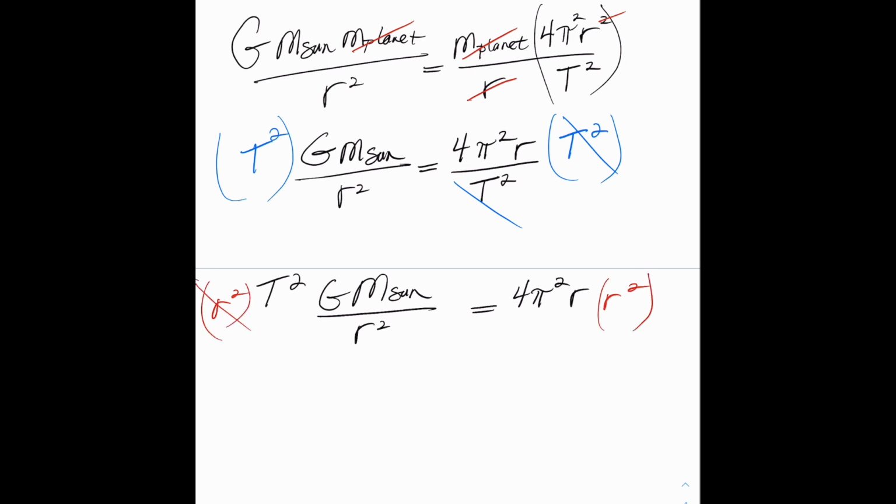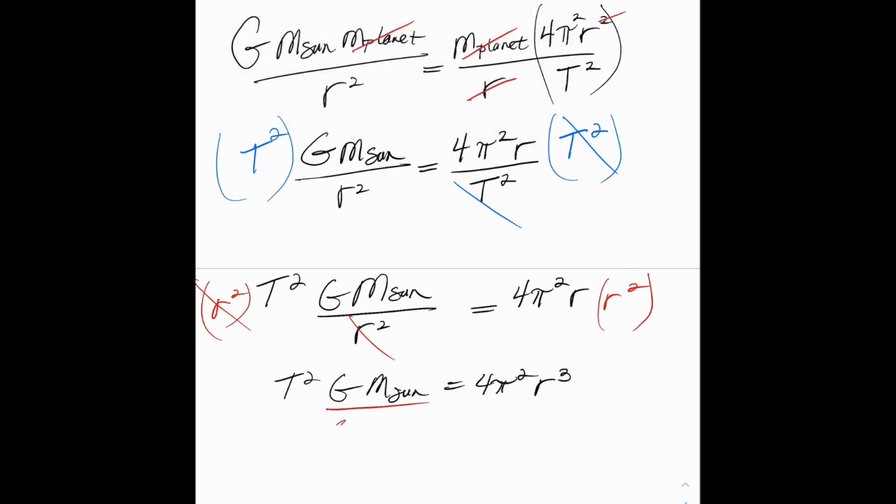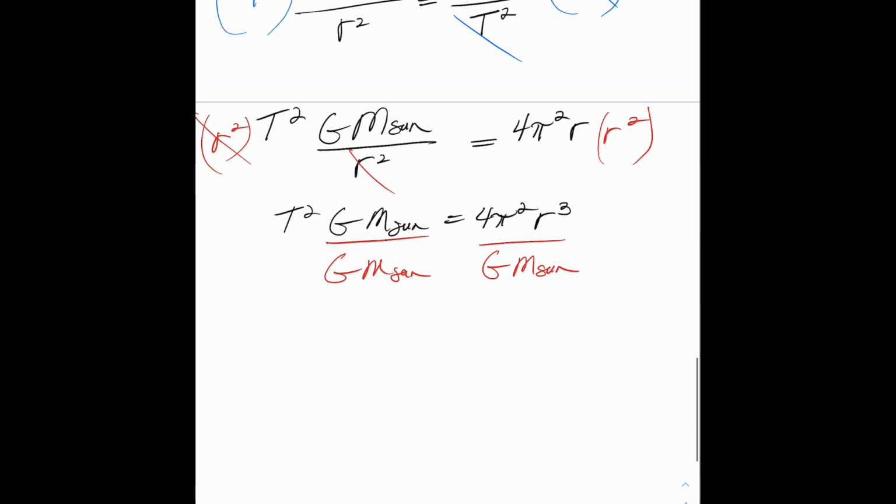That will cancel these. Send it over there. We'll get r cubed. Let's then divide by G m sun. And then rewrite.